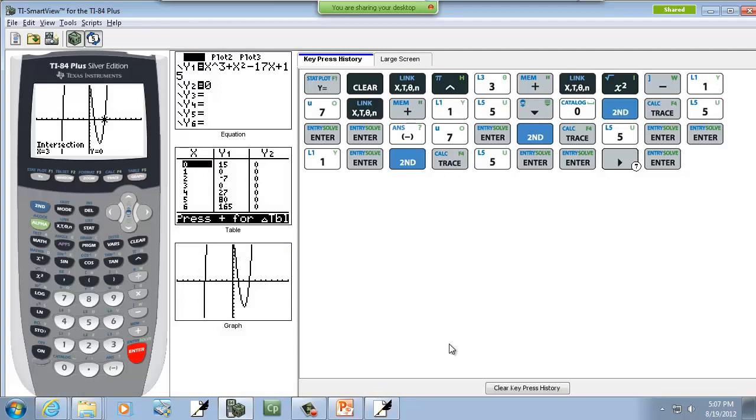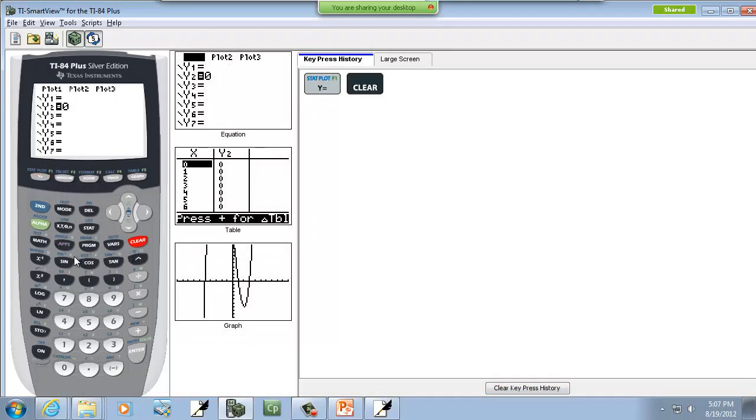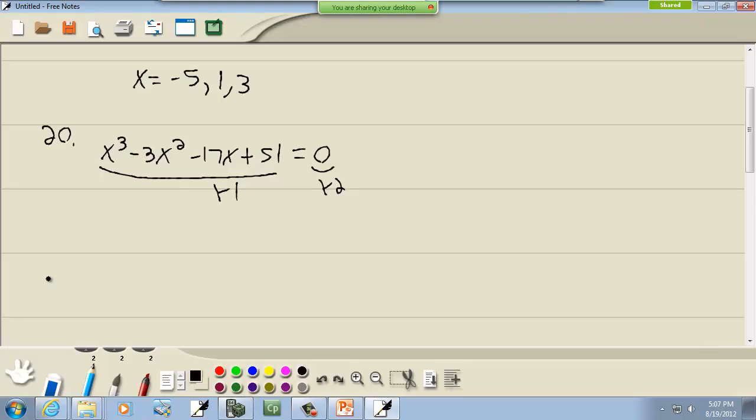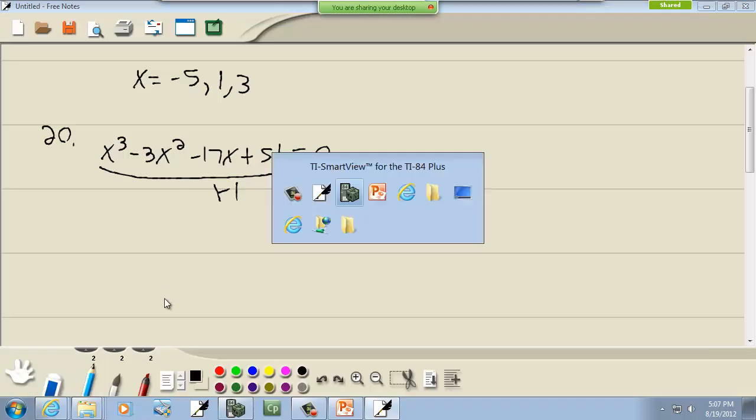So let's see. I'll press y equals clear. I got x caret 3 minus 3x squared minus 17x plus 51.